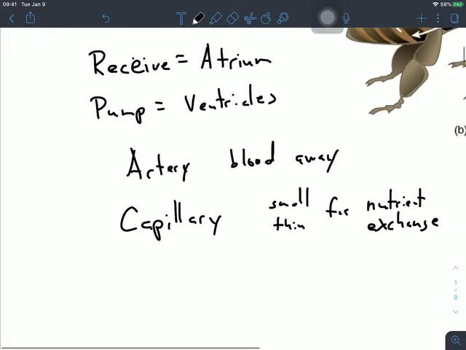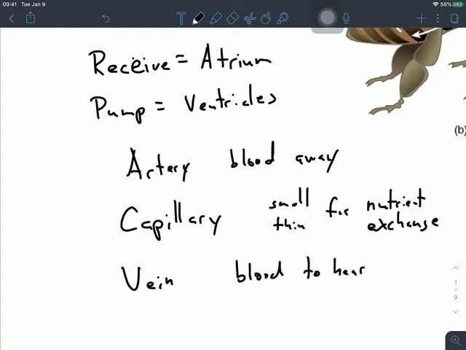And last but not least, the blood will return to the heart at a much slower velocity in something called veins. And we'll end today's lecture by actually looking at the structure of each of these to see how arteries are able to deal with much higher velocity blood and how veins prevent flowback of slow-moving blood.